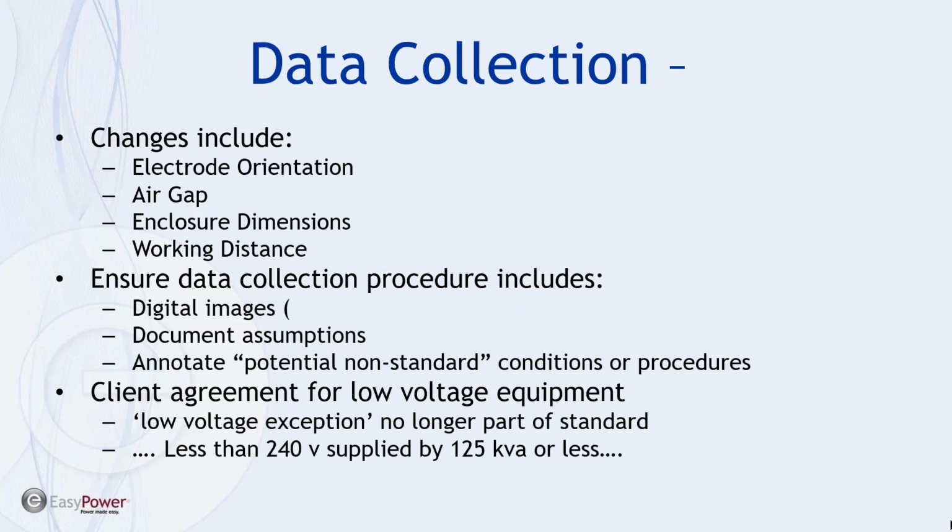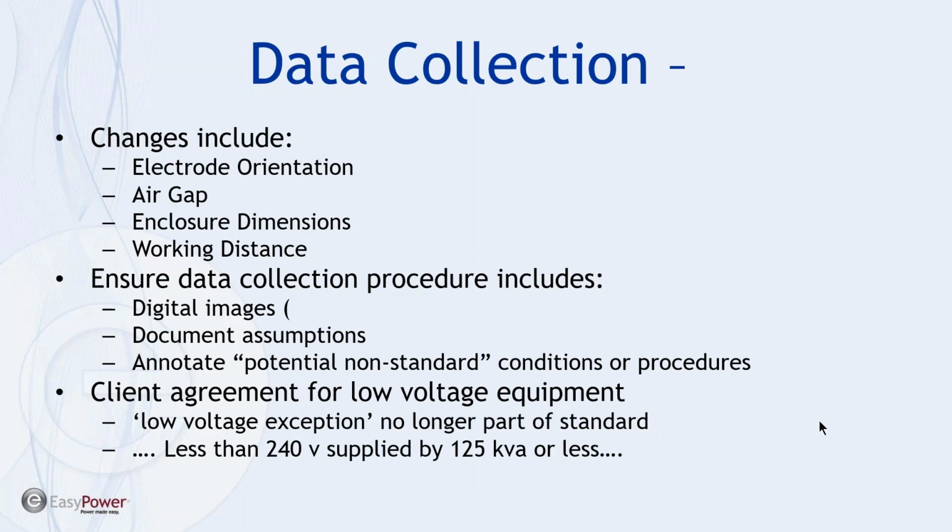All right, first of all, when it comes to data collection, as alluded to by the poll, probably the most significant change is the defining of specific electrode orientations which affect the calculations, and the judgment call that needs to be made during data collection as to whether or not the difference between what's being observed and what's considered standard is necessary and will affect the calculations.